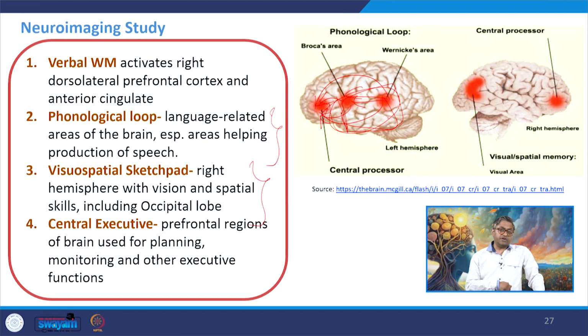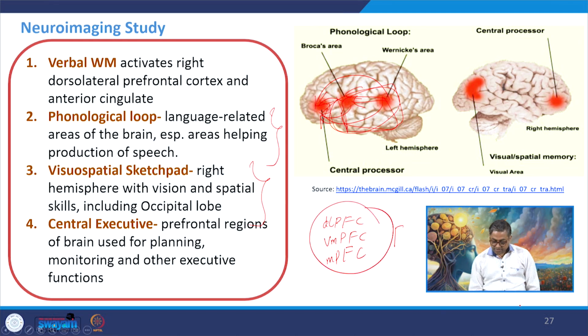When we talk about the central executive system, we are talking about the whole frontal cortex area, which includes the left and right sides of the brain, and not only the dorsolateral prefrontal cortex, but also the ventromedial prefrontal cortex and the medial prefrontal cortex.